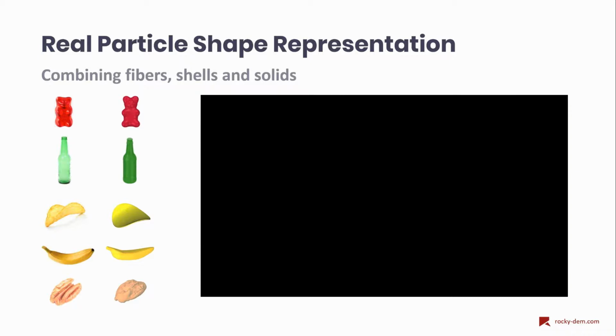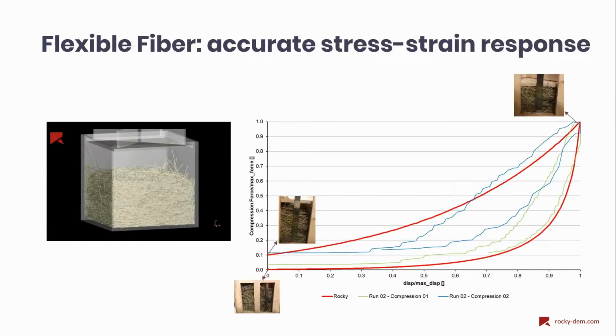And this implies a real representation and higher accuracy of the simulation as we use the real shape of the material for our simulations. As an example, here we have fiber particles. We can see how the hay fibers are getting compressed. And this is actually a good example of a calibration of the material, which comes after comparing the experiment result with simulated ones.